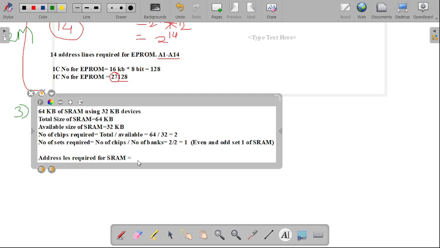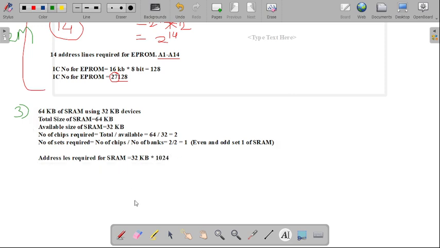We have 32 KB as our available size, so I'm writing here 32 KB into 1024 memory locations. 32 KB is nothing but 2 raised to 5 and 1024 is nothing but 2 raised to 10. So 2 raised to 5 into 2 raised to 10 gives 2 raised to 15. So 15 address lines will be required.